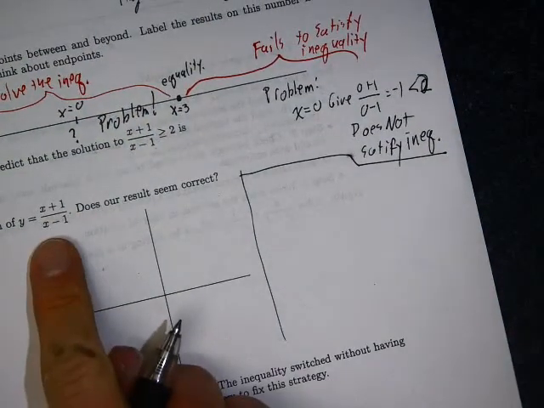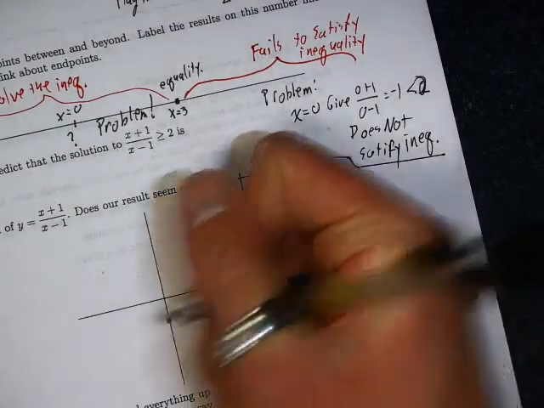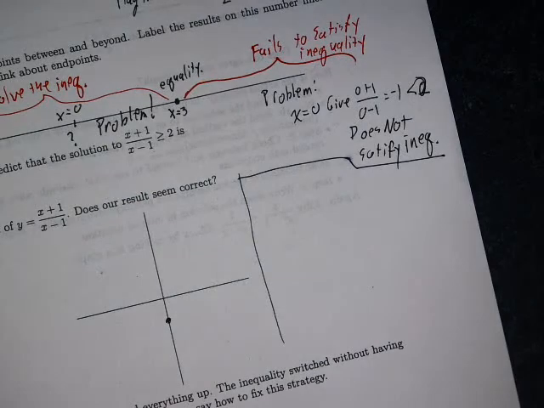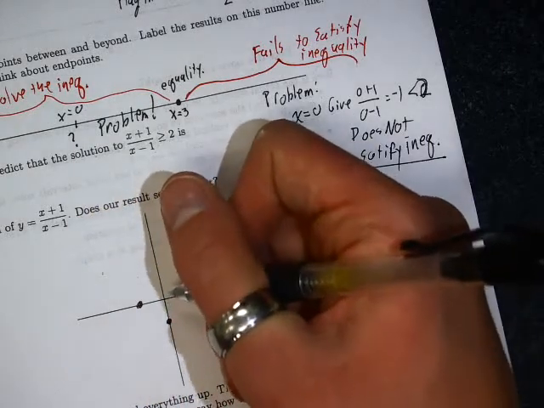So let's just do it. Where's the y-intercept? -1. Where is the x-intercept? I think the x-intercept's also at -1. Okay. Where is a vertical asymptote?